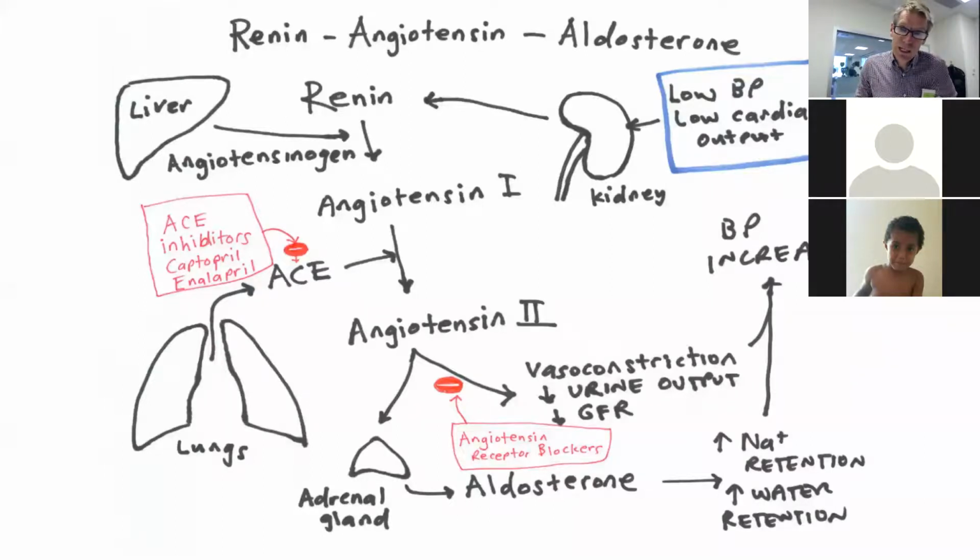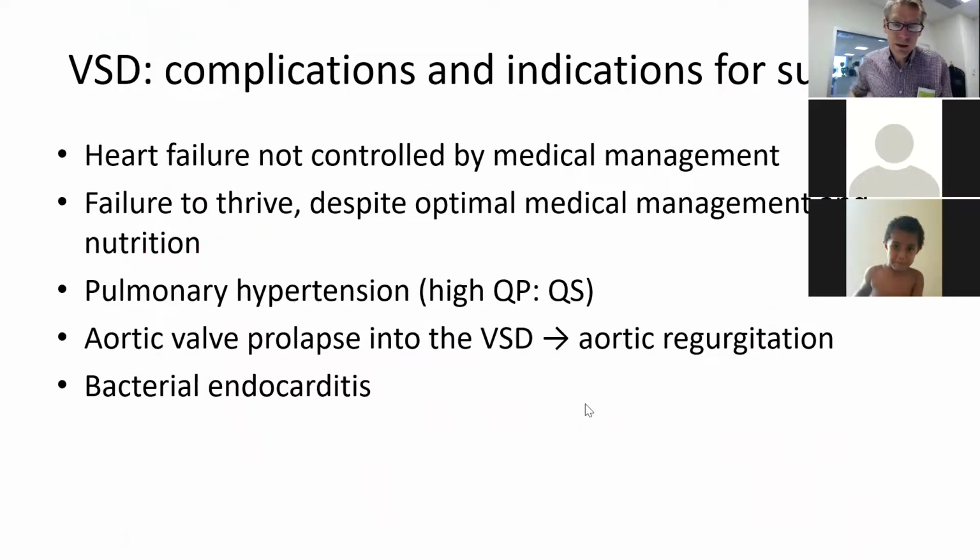And so that's why ACE inhibitors can be useful, but they're only useful if you've got normal blood pressure or hypertension, and you need to only give enough that you drop the blood pressure just a bit. You don't want to drop it too much, right? I can explain a bit more about that, but I just think it's useful to know how ACE inhibitors work and the renin-angiotensin-aldosterone system.